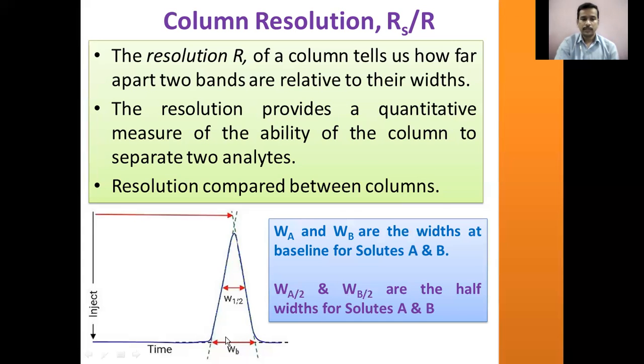In any chromatogram, the width is also very important. WB and W half you can see here. WB is the baseline width. W half is the width at 50% height of the chromatographic peak.